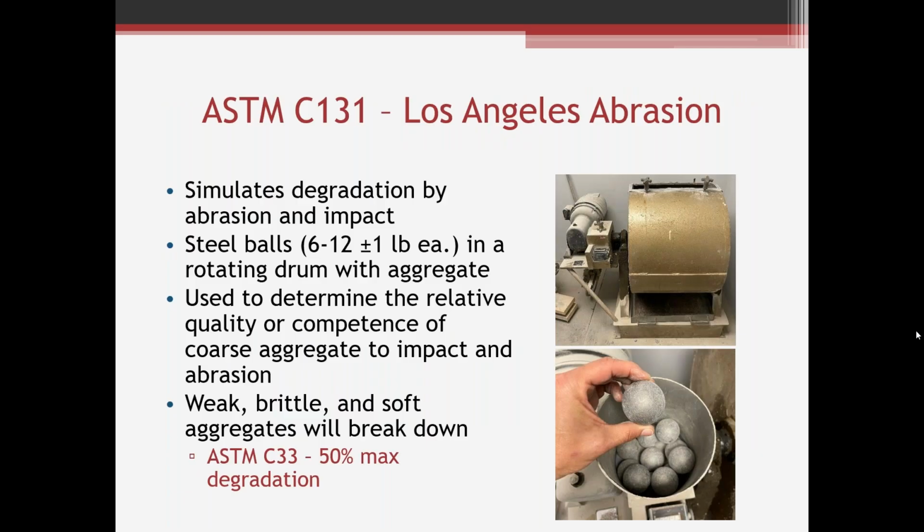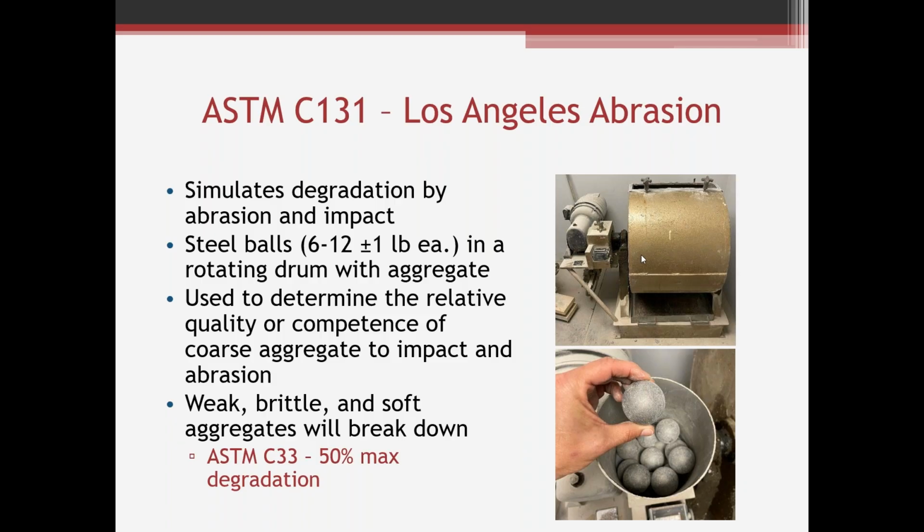ASTM C131 is the LA abrasion, Los Angeles abrasion, and it simulates degradation by impact. So we've got all these steel balls, 6 to 12 steel balls, each about 1 pound or about the size of a golf ball, and they're put in this rotating drum along with the sample.